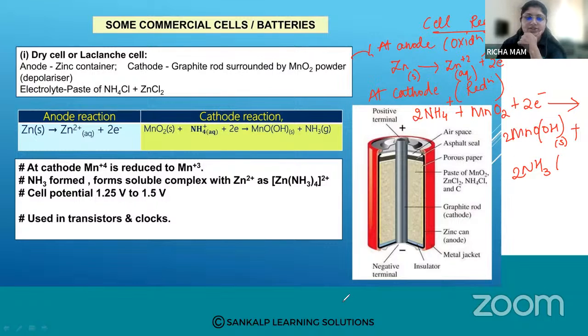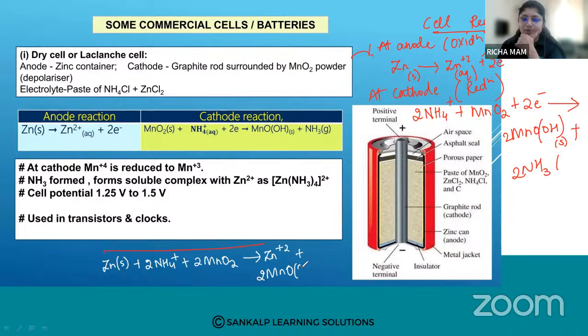So what will be the overall reaction? Write the overall reaction now. The overall reaction is Zn solid plus 2 NH4+ plus 2 MnO2, giving you Zn2+ plus 2 MnOOH plus 2 NH3.